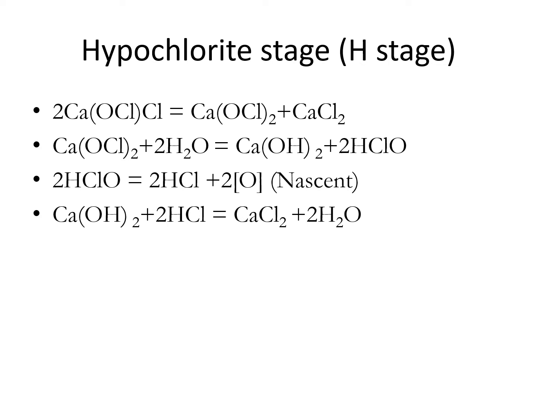These substances are readily oxidized by the hypochlorite, or by the nascent oxygen of the hypochlorite. The degree of previous chlorination and alkali extraction governs the amount of hypochlorite required in the final stage.